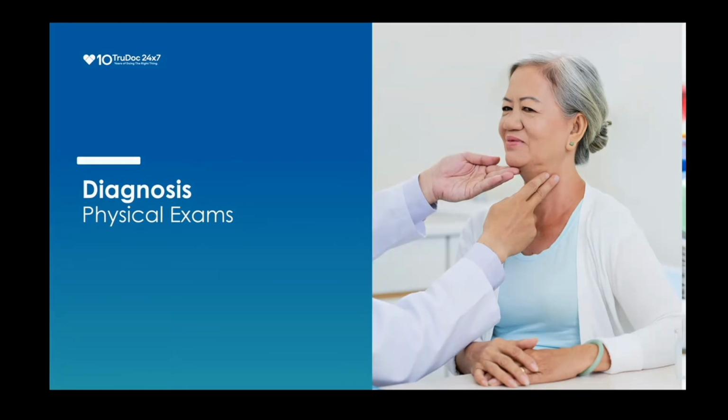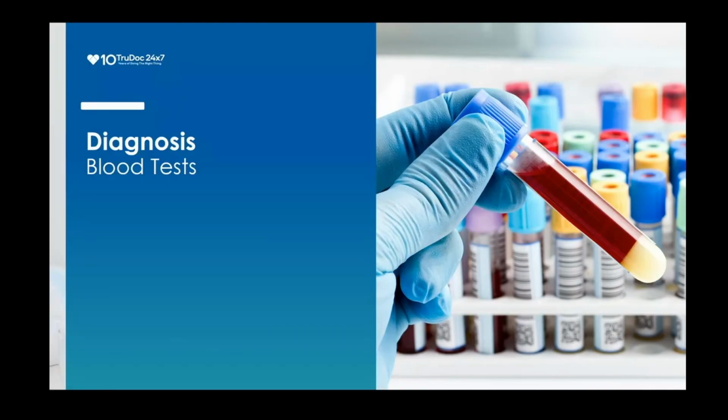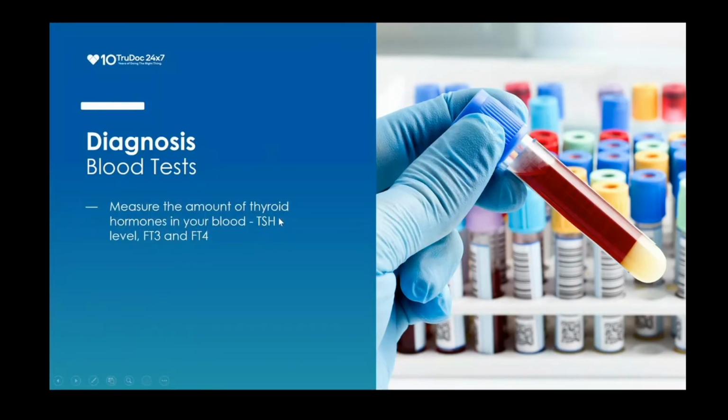Initially, you should do a blood test. What blood test? A TSH, the thyroid stimulating hormone, and the FT3 and FT4. The first slide I showed you, the hypothalamus pituitary axis, was important because the TSH will determine if there is a thyroid dysfunction.